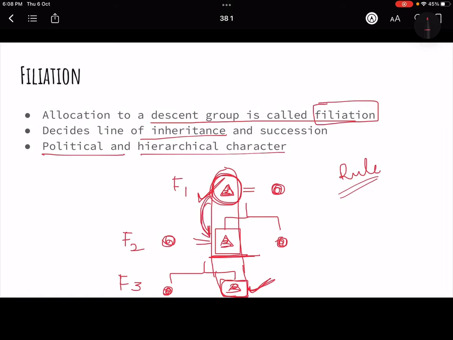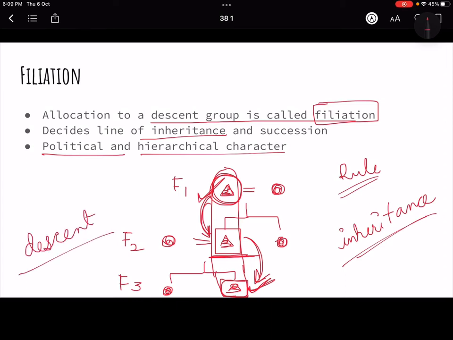And similarly it would be his son after he dies. So this is a grouping which is going to solve our issues related to inheritance of property, your ritual office, your political office, military office. Basically this is a little political and hierarchical. So all this we have done in descent. So far, in unilineal descent groups we were reading about this only, right?